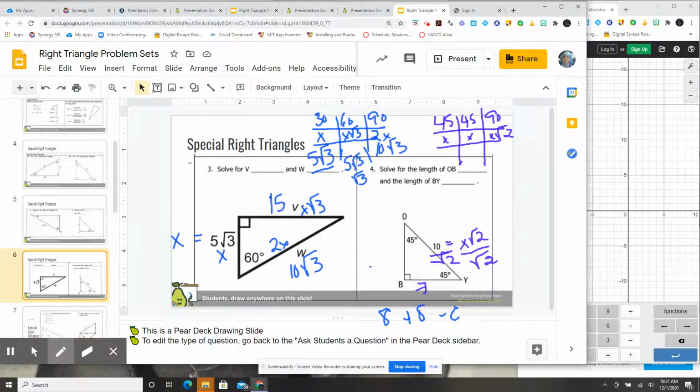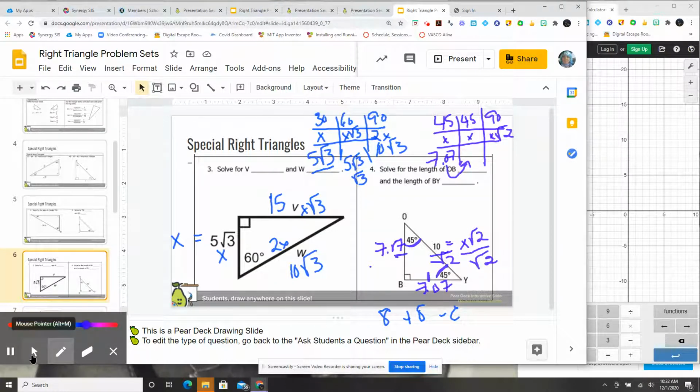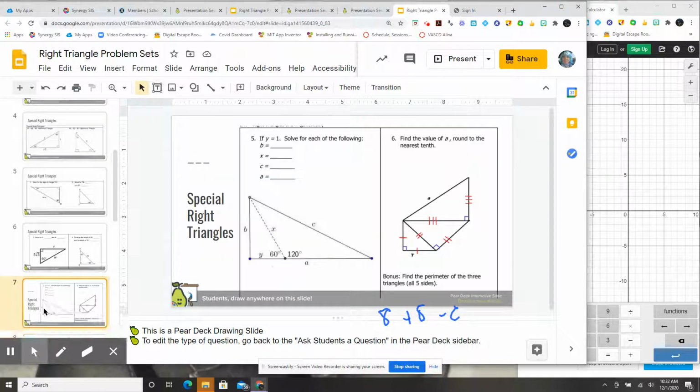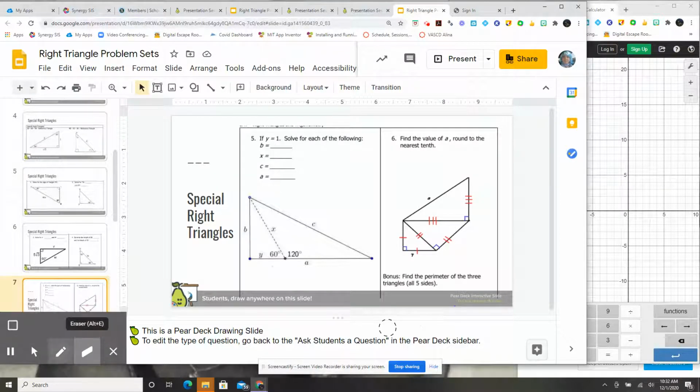So this side is going to be 7.07, and this side is going to be 7.07, for both of them, because that's an isosceles right triangle. Two sides are the same and two angles are the same. If you don't like doing those, you can always do them with trig, but this is a much faster way of doing it if you can remember the patterns.